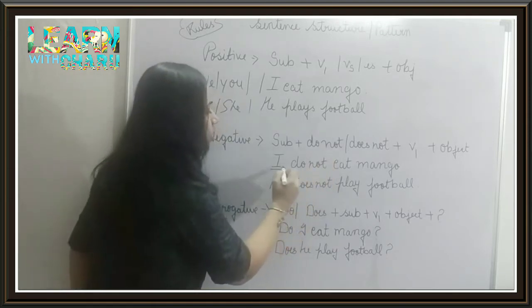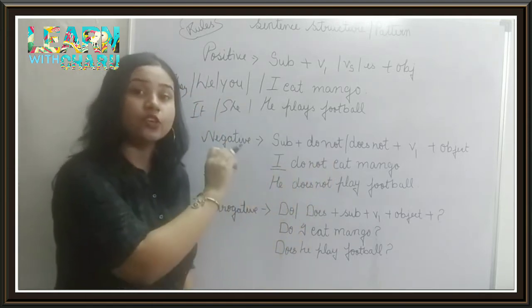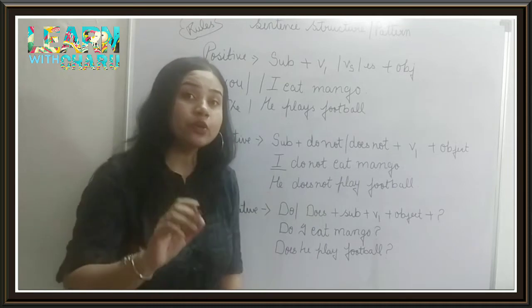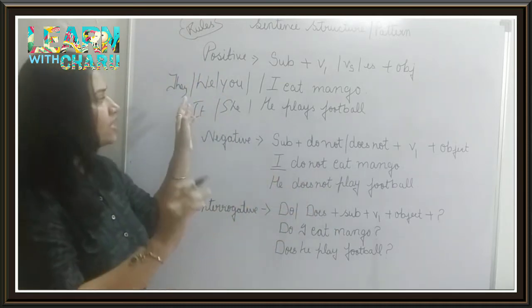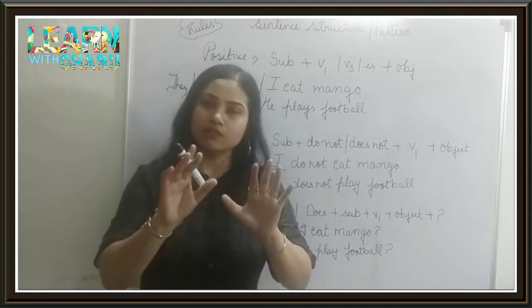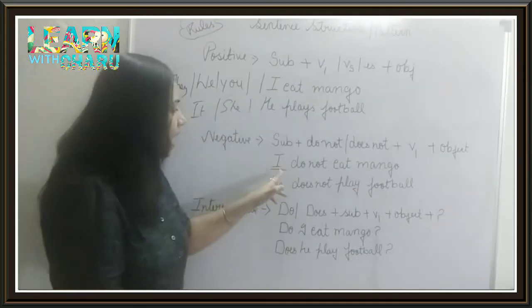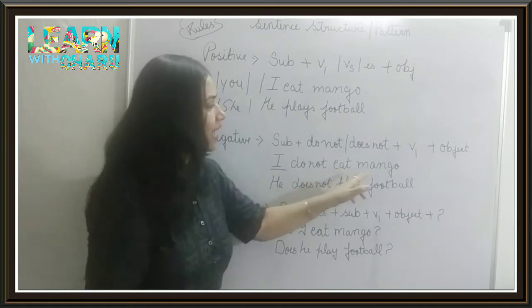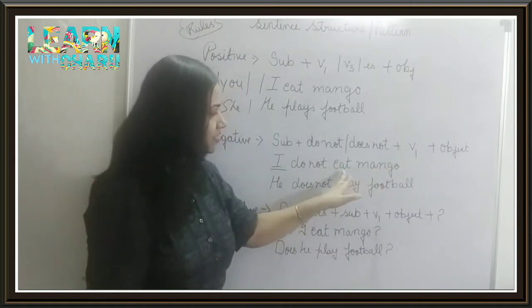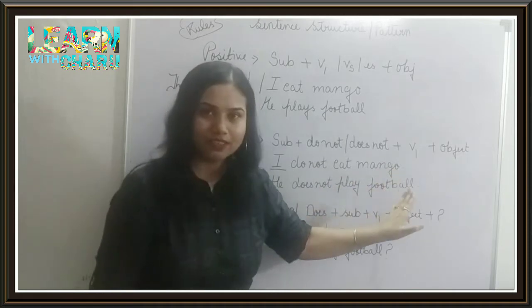Do not, because with I, we, you, they, what do we use? Do. Do you understand? With I, we, you, they, what do we use? Do. I do not eat. Eat is verb, verb first form is there, and mango is object.